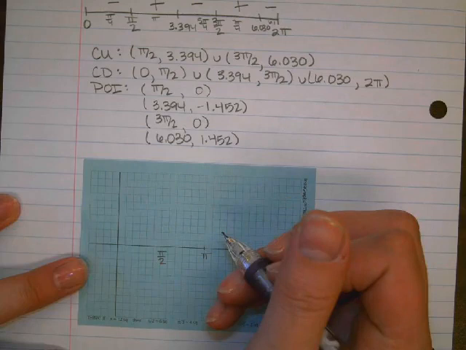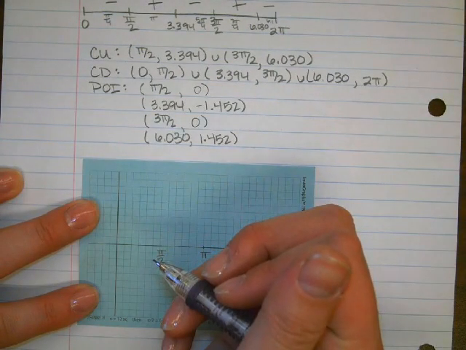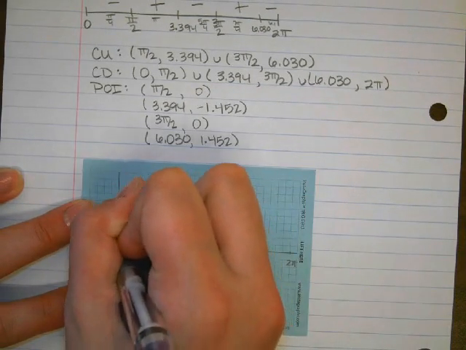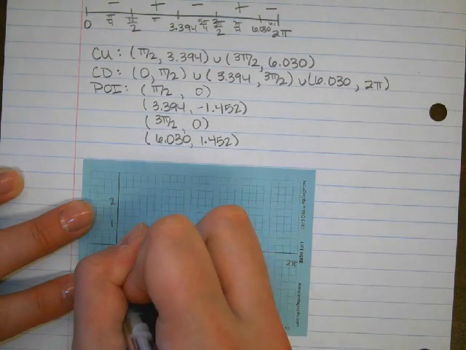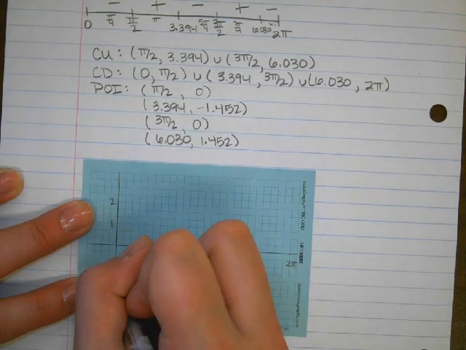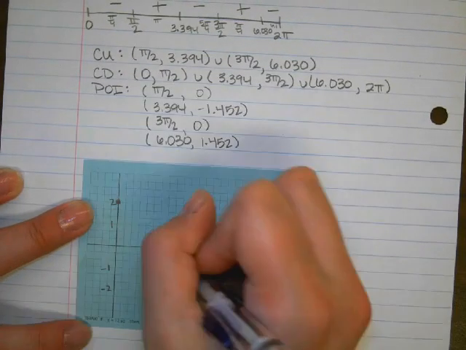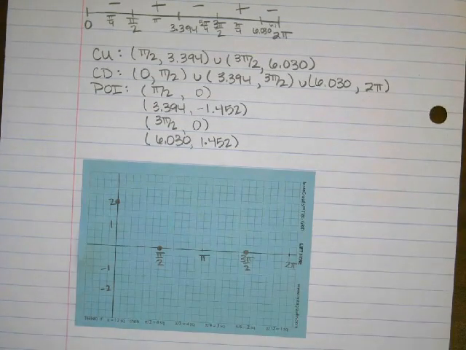So I'm going to go ahead and count a few boxes. I just don't want this to be super tiny. So there's 0, 2, pi halves, 3 pi halves. We also have maximums and minimums, and we have points of inflection.